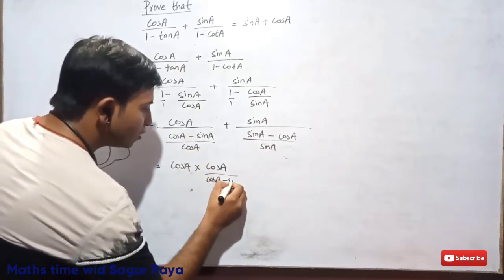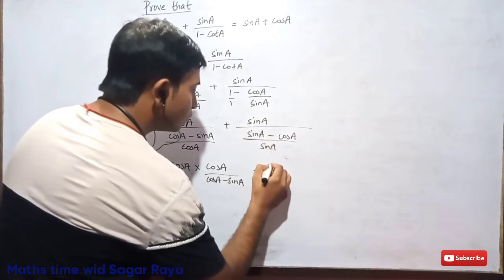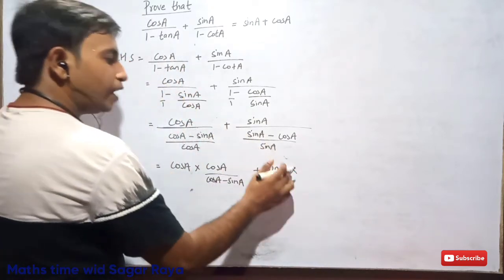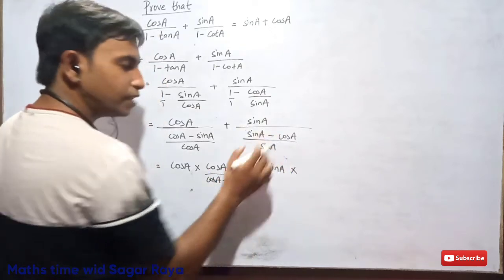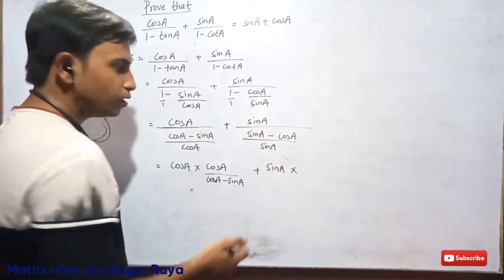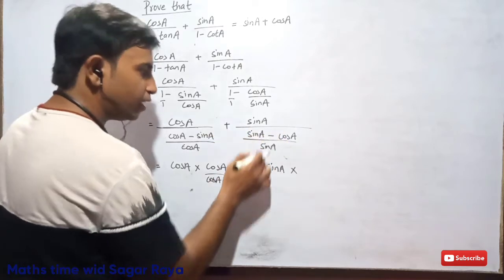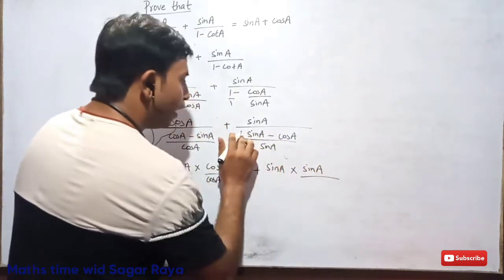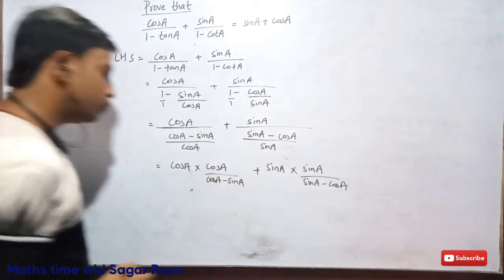So cos A minus sin A. Similarly here also, sin A, here is the divide sign, I am using the multiplication sign. So sin A divided by (sin A minus cos A by sin A) will change. We have to write the reciprocal of sin A minus cos A by sin A, which means the denominator will come up and the numerator will go down.